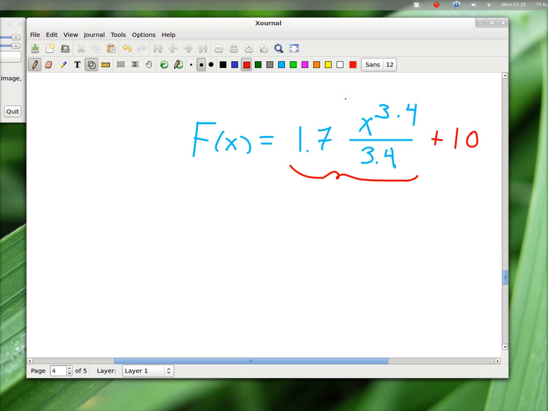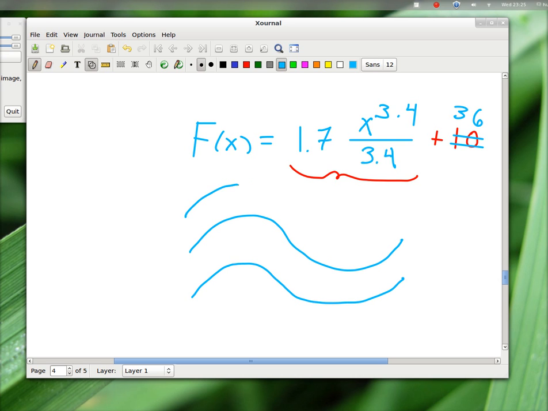And there's nothing special about 10. You could also put 36 here. So all the antiderivatives are the same except for this plus something. And geometrically that means that all the antiderivatives are just vertical translations of one another.